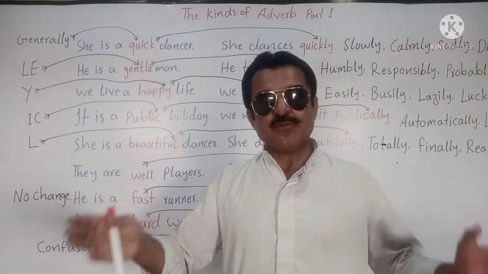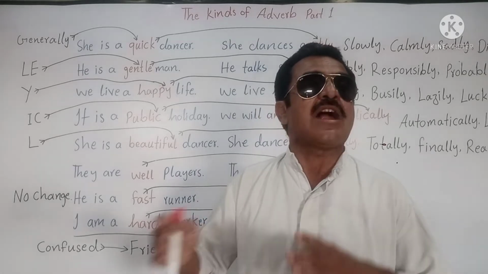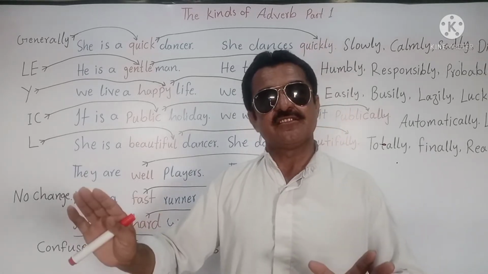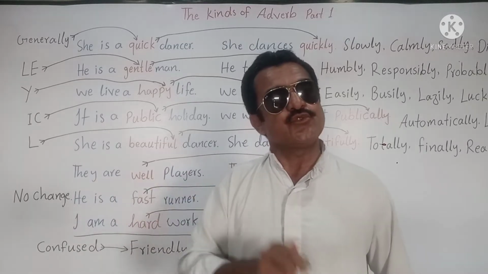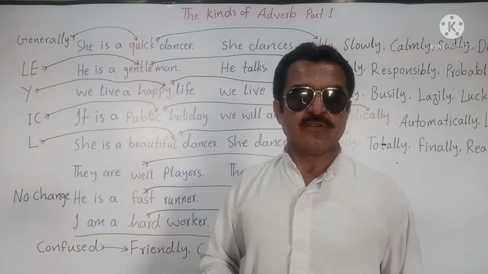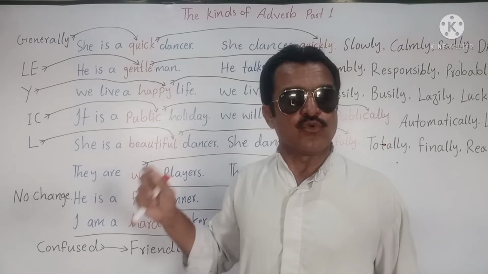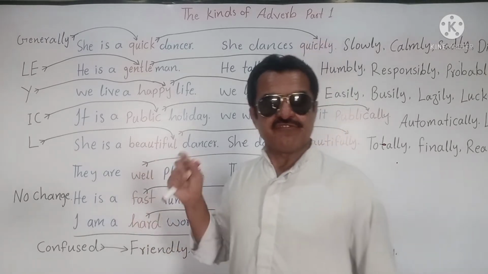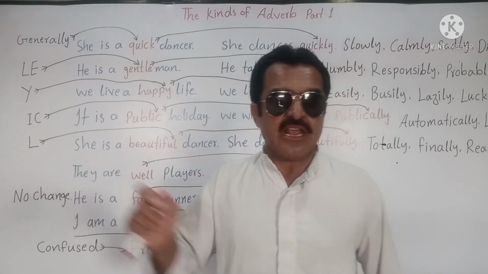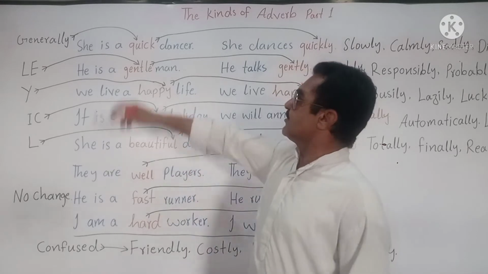It is possible that your spelling can be incorrect, but people will understand what you want to say. Your message will be conveyed after putting ly to an adjective to make it an adverb. That's the easiest way. Otherwise there are some rules. So the first rule, the major rule, is that whenever you put ly after an adjective, that becomes an adverb.